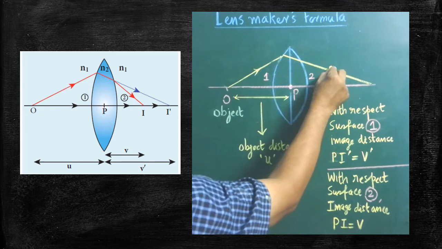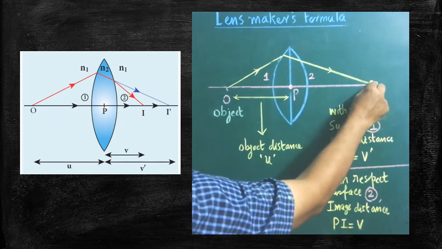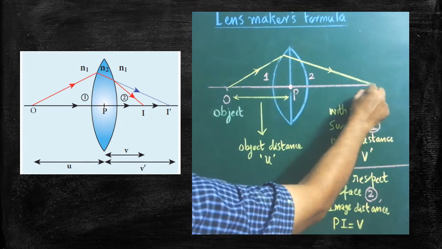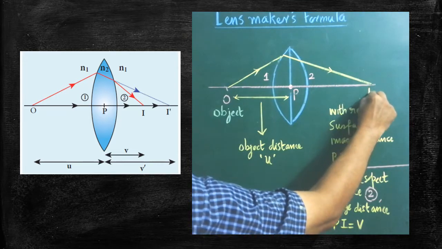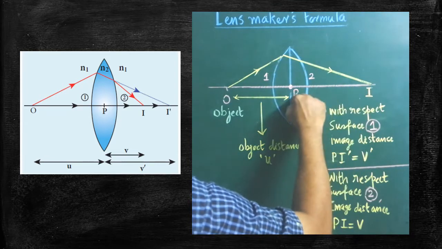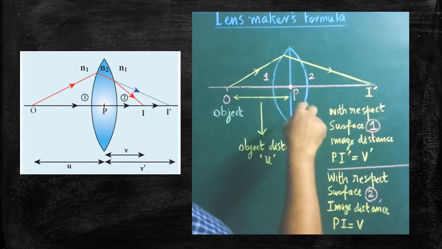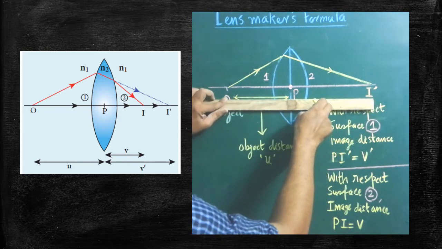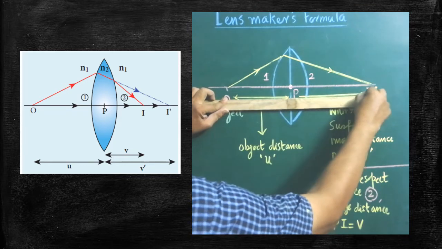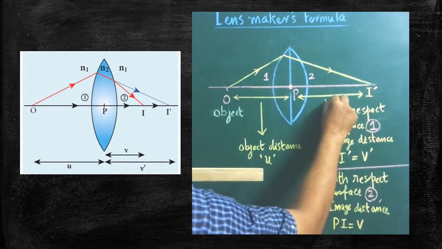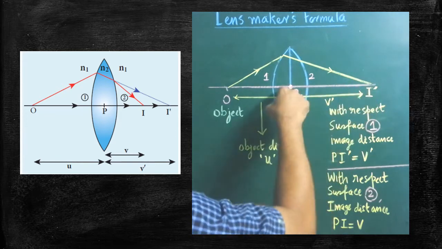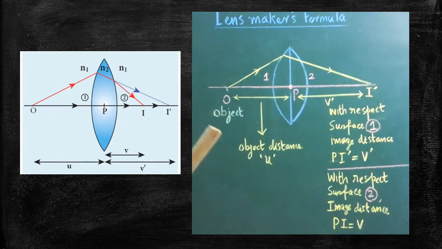After getting refracted, the ray falls on the principal axis on the other side. So this is the refracted ray. The location can be called I dash. The distance between P and I dash can be called V dash. Very important. It is very far from the pole. Are you clear?